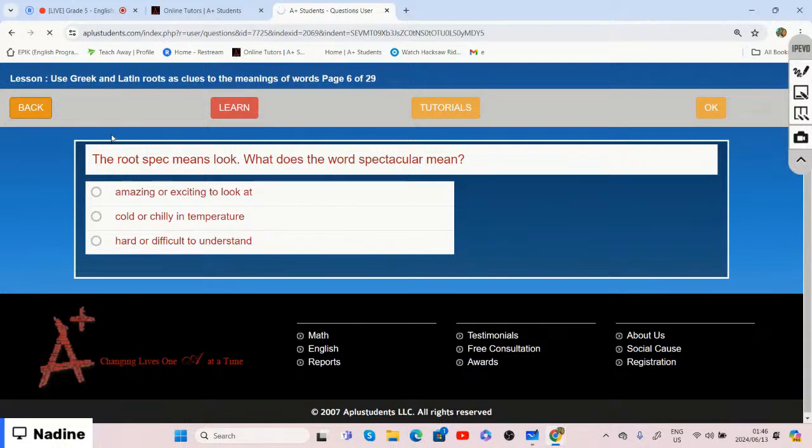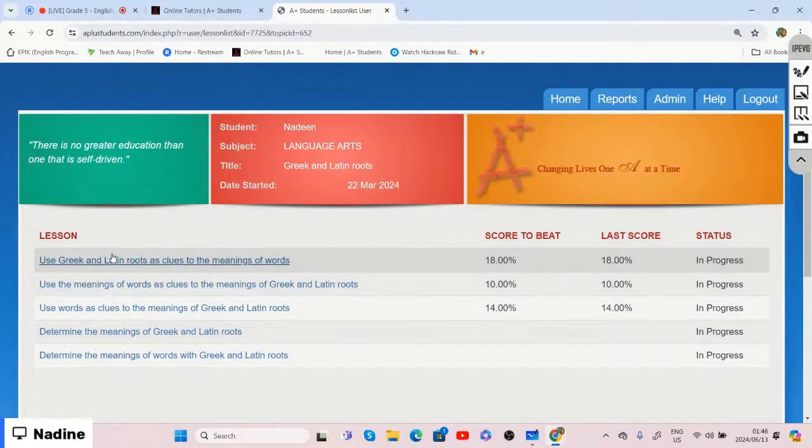All right, so we only did the first lesson, which is using Greek and Latin roots as clues to the meanings of words. In our next lesson, we are going to look at two other lessons, so for two more lessons, we are going to be doing Greek and Latin roots. So this is now the end of our lesson.